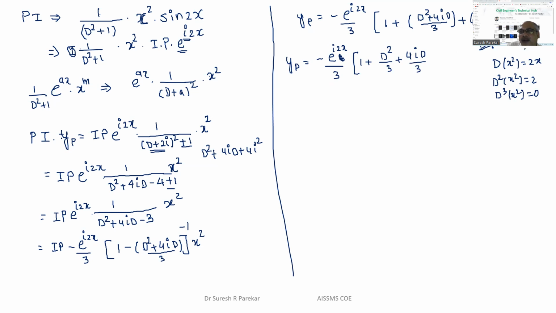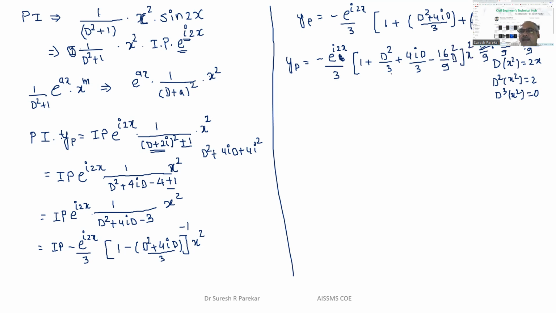So we have square of 3 because we have this bracket square. So it goes to minus 16 by 9. Actually, it is 9 below all terms, but first two terms will not be there. And then we have minus 16 by 9 D square into x square.